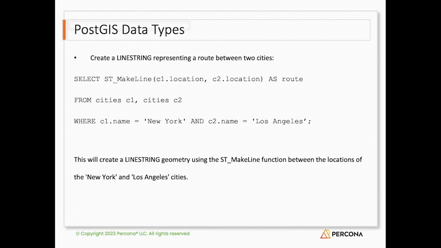If we want to create a line between 2 locations, like city 1 and city 2, we want to make a line between them. Keep in mind, line doesn't mean it will draw a line. It will store that information only. It will give you the coordinates of that. It's not storing a physical line. But if you have a graphical tool, you can use that to draw a line yourself.